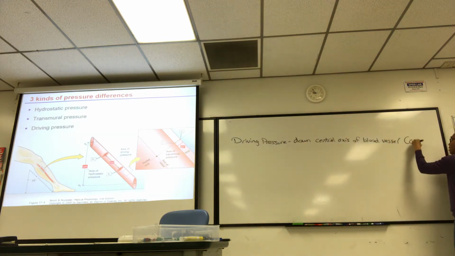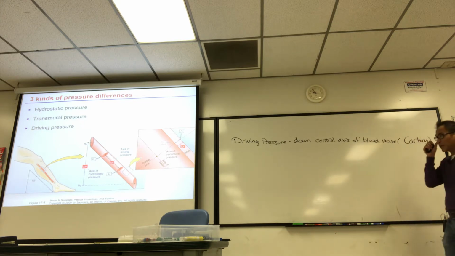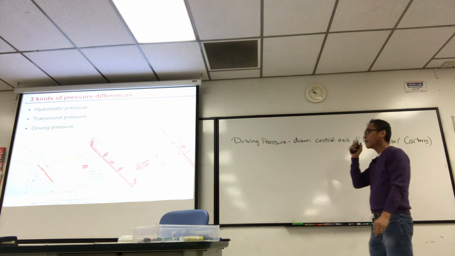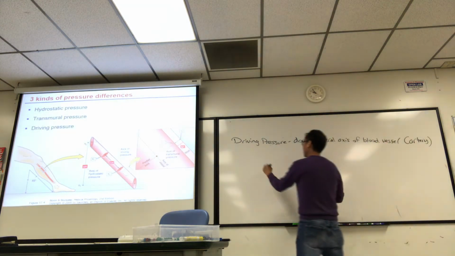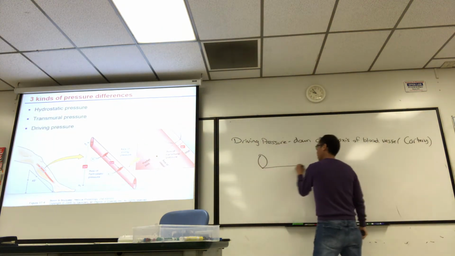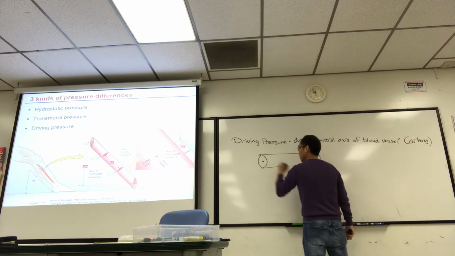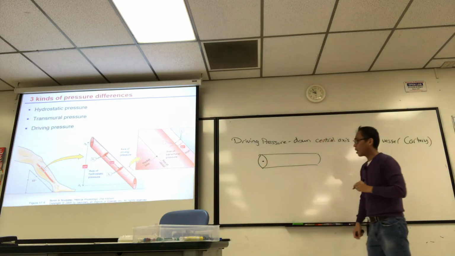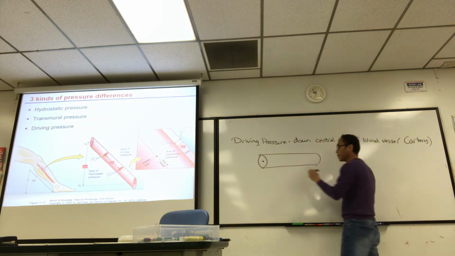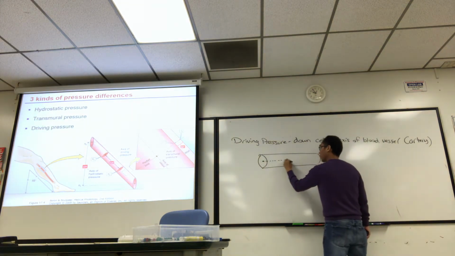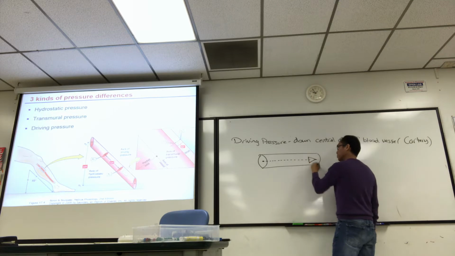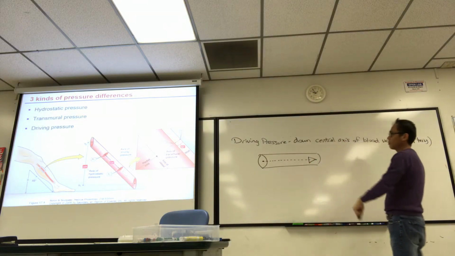Well, the artery. That's what I want you to think about. Imagine you've got the vessel wall, but then you have the lumen, and you have a point right down the middle. Just drive the blood right down.